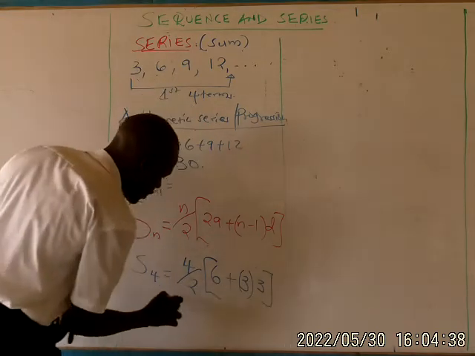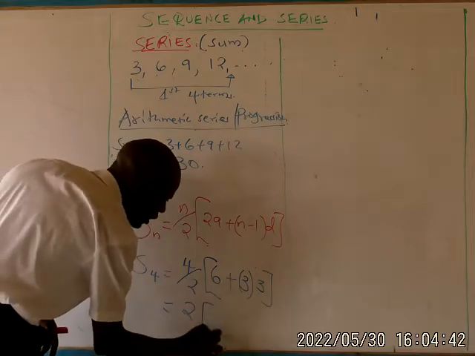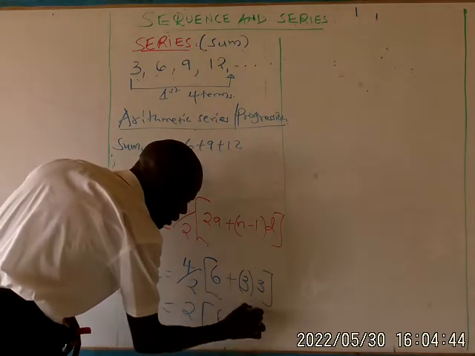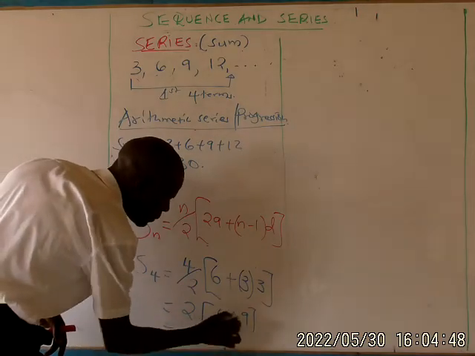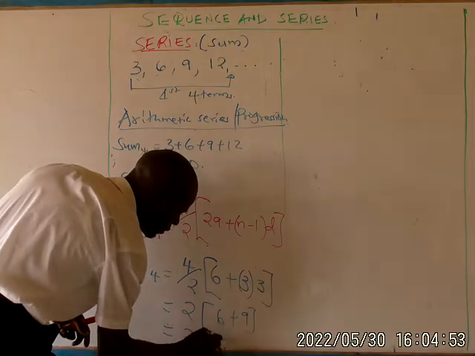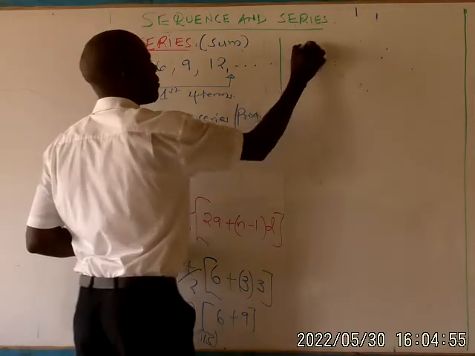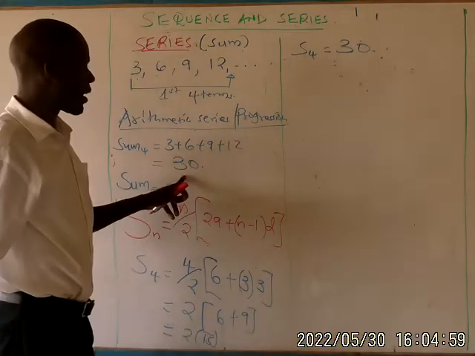What do we get? 4 divided by 2 is 2, then 6 plus 9. We get 2 times 15, and therefore that gives the sum as 30. That's what we got for our case here.